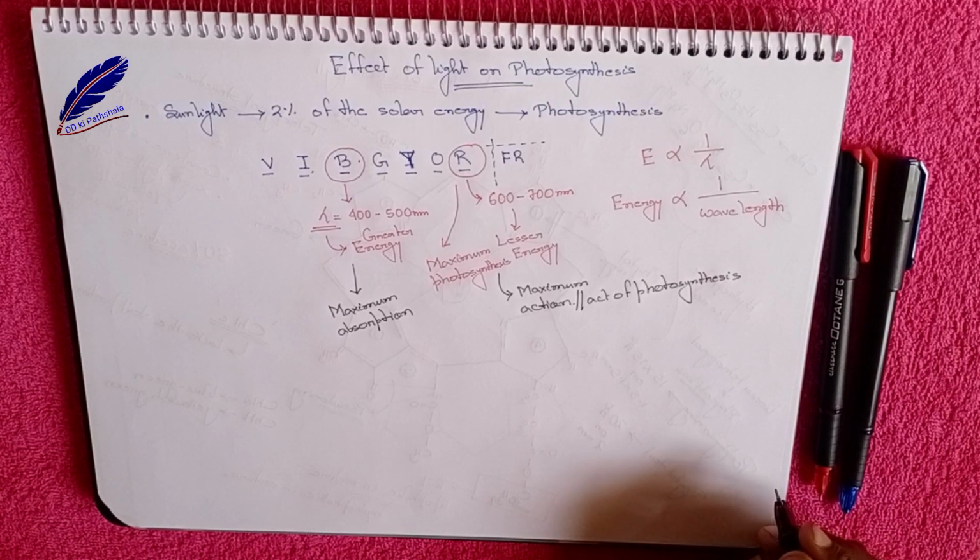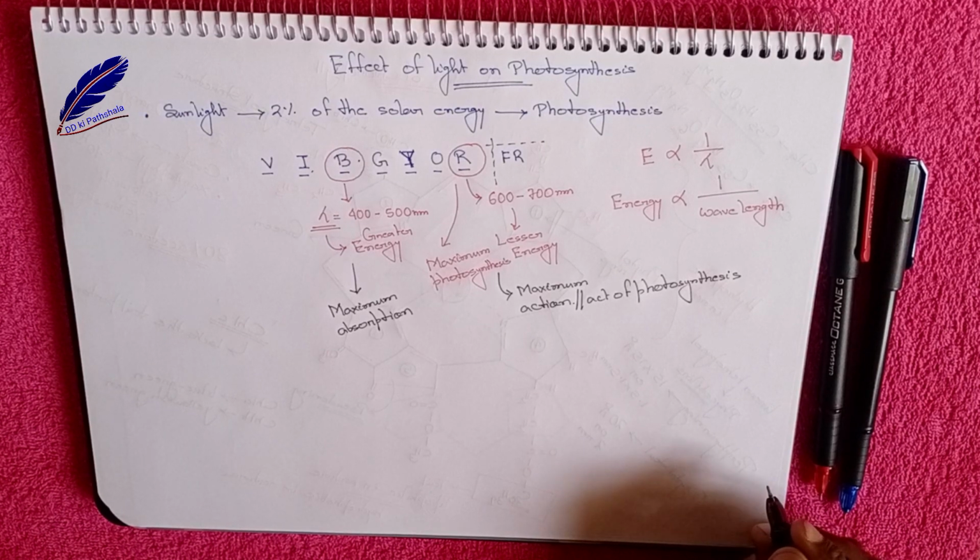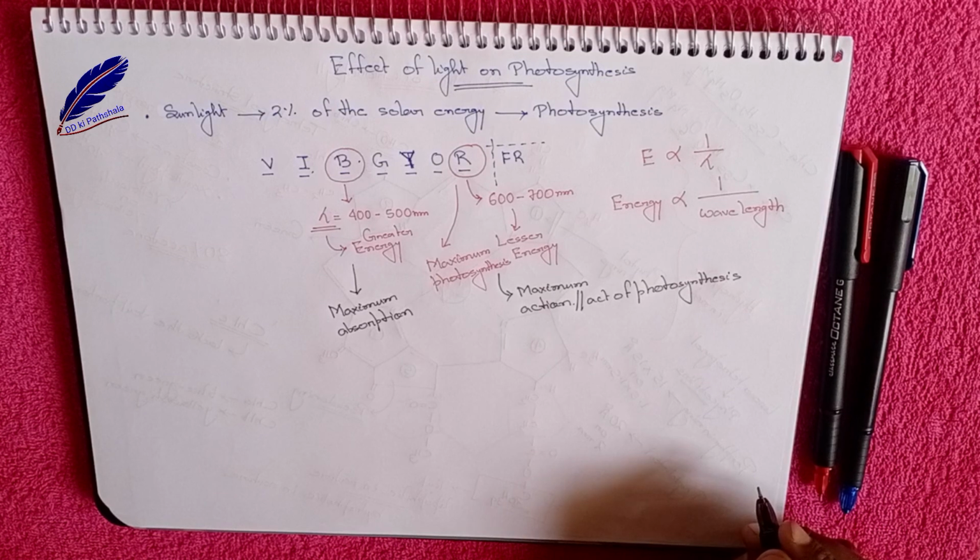That is, absorption maxima occurs under the blue light zone, while the action maxima occurs under the red light zone.